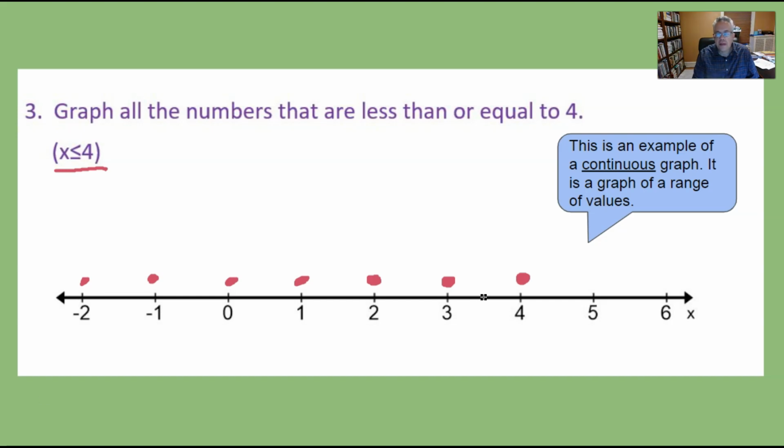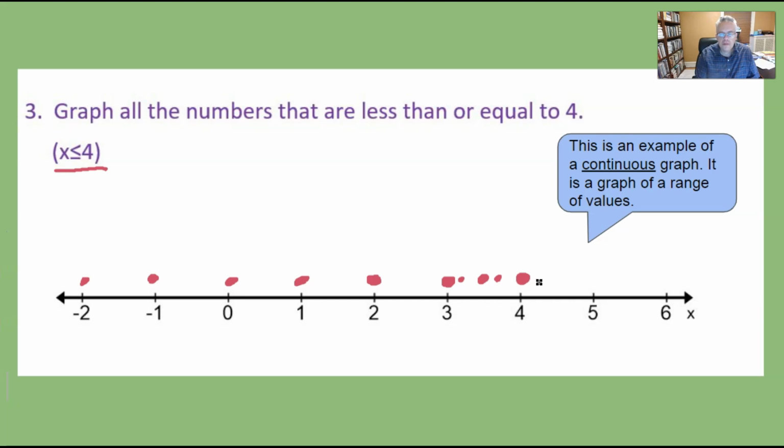For instance, 3.5, that would be about right here, is less than or equal to 4. 3.75, it turns out every value in between these points satisfies it also. So every number on the number line less than or equal to 4 satisfies it. Well, we're going to represent that with an arrow.